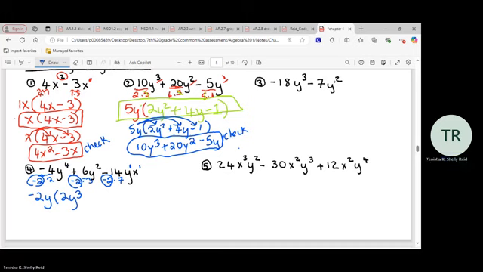Negative 6 divided by negative 2 is going to give me negative 3. y^2 divided by y^1 is y. Negative 14 divided by negative 2 is a positive 7. And I took a y out, so all I'm left with is an x. And then you can go ahead and multiply to check.